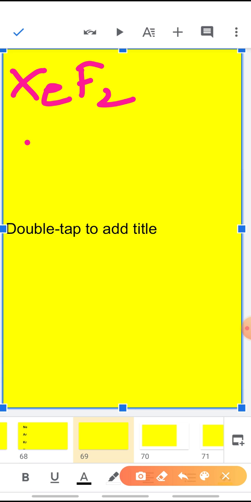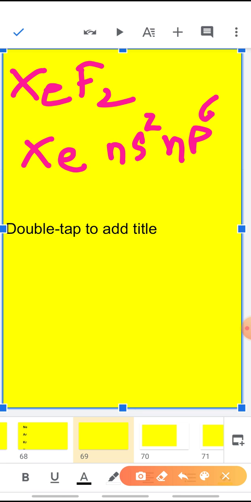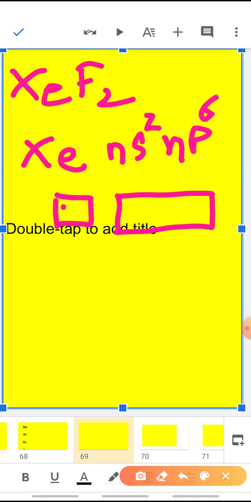XeF2, xenon, the outermost shell configuration is ns2np6. Now, if we draw the orbital diagram in the ground state, then in the s orbital 2 electrons are there, and in the p orbital 1, 2, 3, 4, 5, 6 are already there.